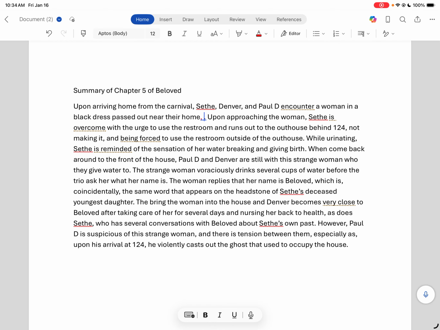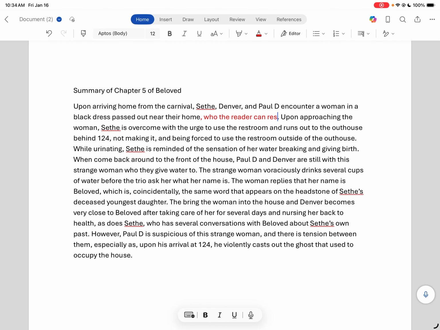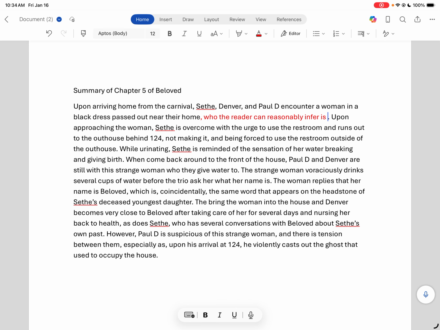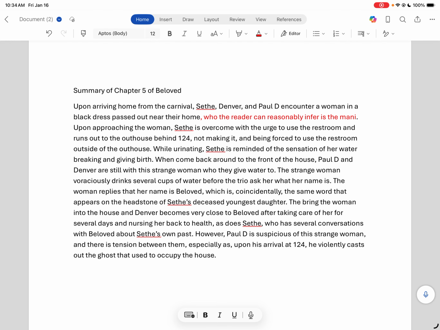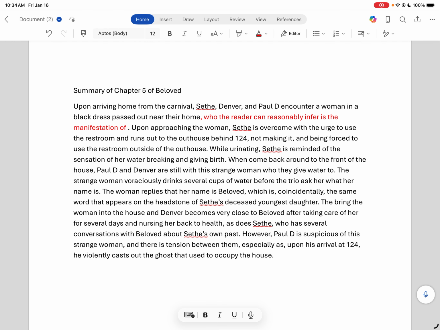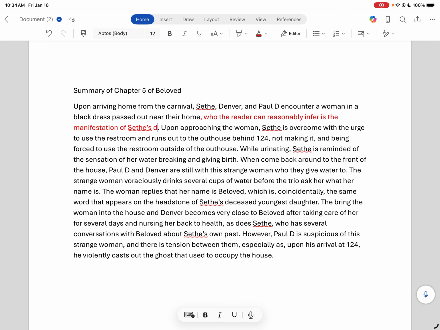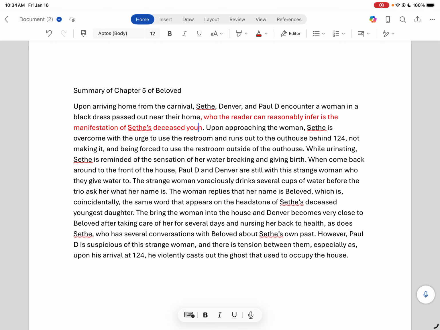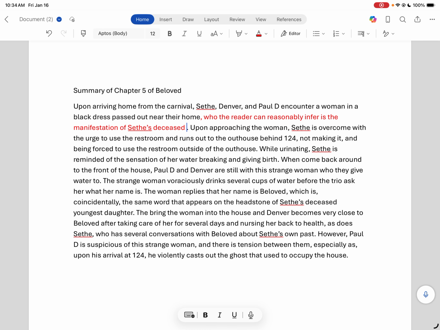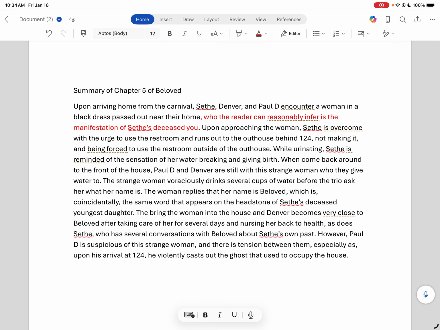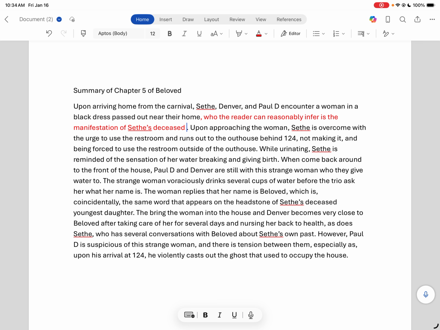Okay. So I'm going to say who the reader can reasonably infer is the manifestation of Setha's deceased daughter. No, Denver would have been the youngest.